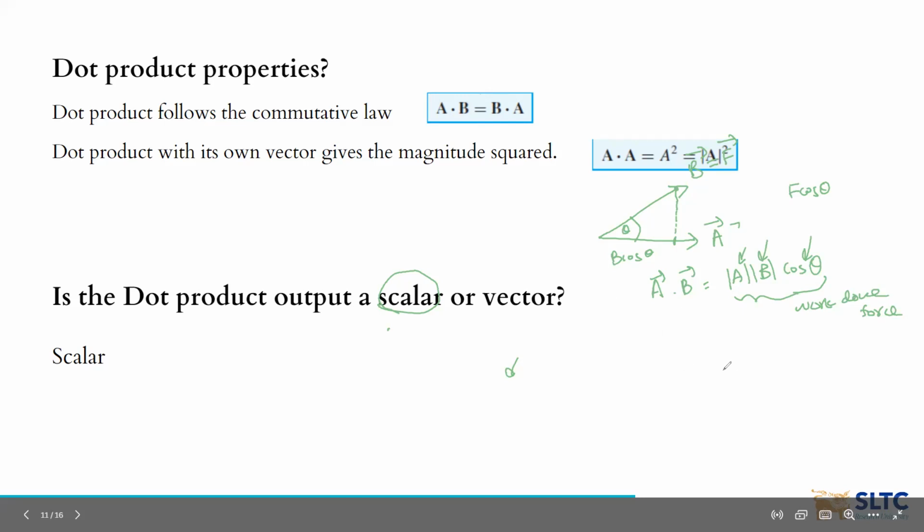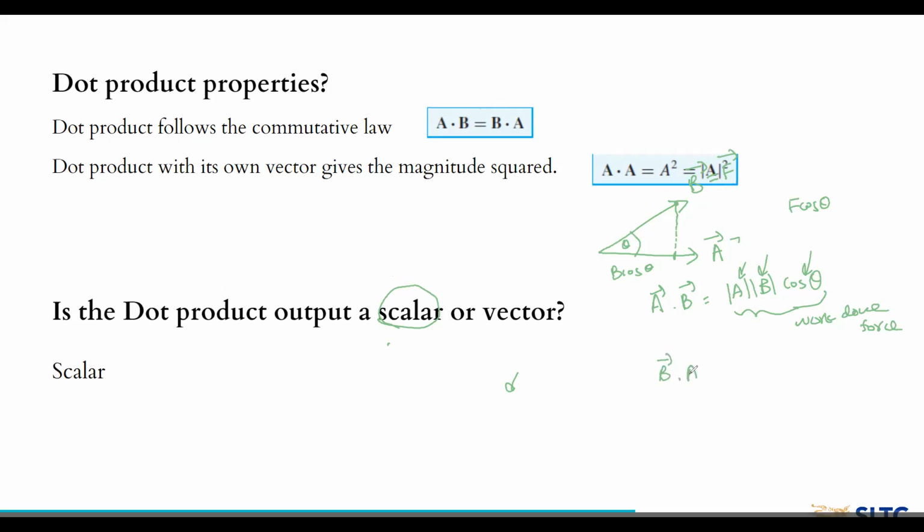If we change the order to B dot A, then by definition we get B magnitude times A magnitude times cos theta. The same operation is done again, because we can take A to the front and write this, and we get the same output as before. Therefore, B dot A is equal to A dot B.